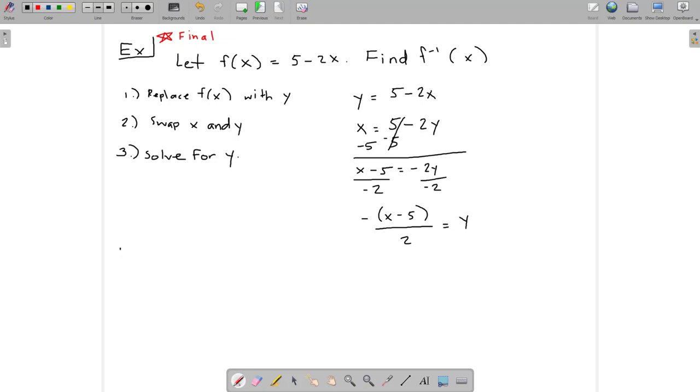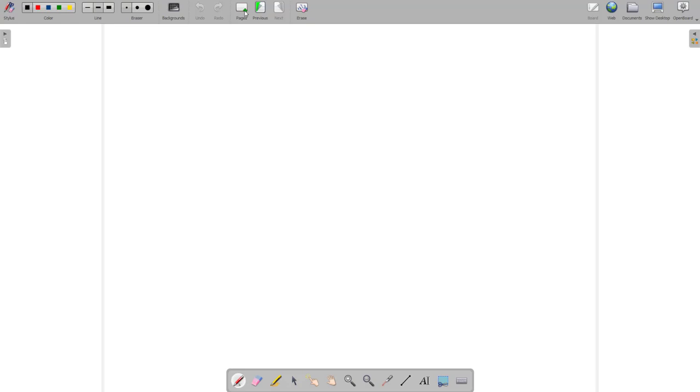And then next I want to replace y with f inverse. So I'll also switch the order. Write my f inverse of x first equals negative x minus 5 over 2. And then we'll just want to check our work to make sure that we got the right answer.